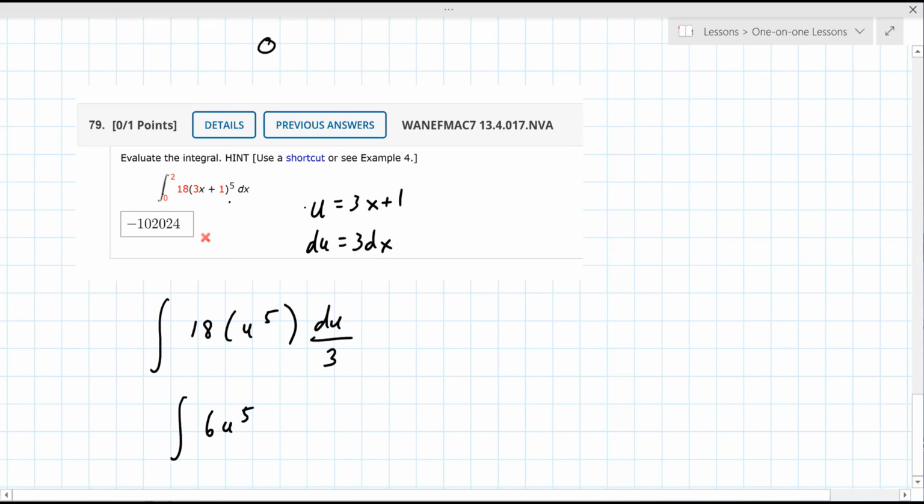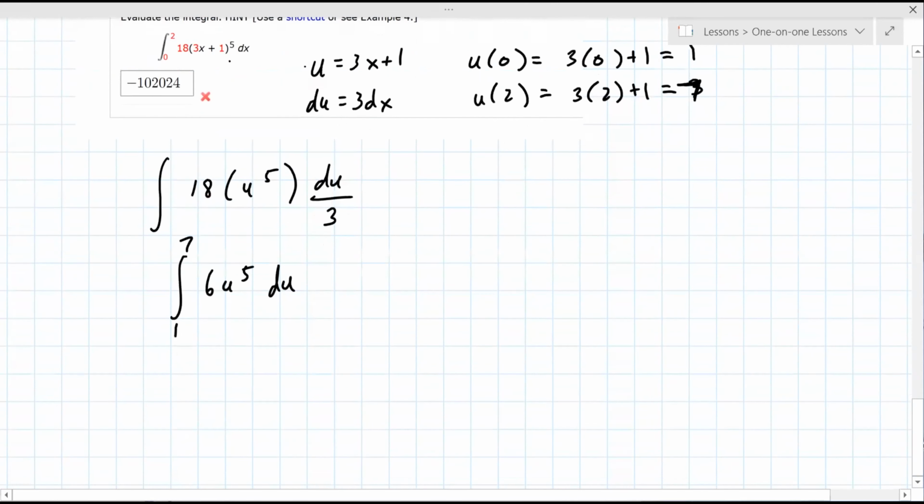This is a good one to actually change the limits of integration: u of 0 equals 3 times 0 plus 1, which equals 1. u of 2 equals 3 times 2 plus 1, which is 7. So you're integrating from 1 to 7. And the antiderivative of this is just u to the sixth.